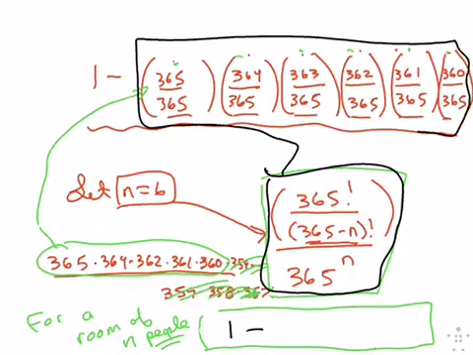So 1 minus 365 factorial, and then I'm going to clean up that complex fraction. So (365 minus n) factorial times 365 to the n.